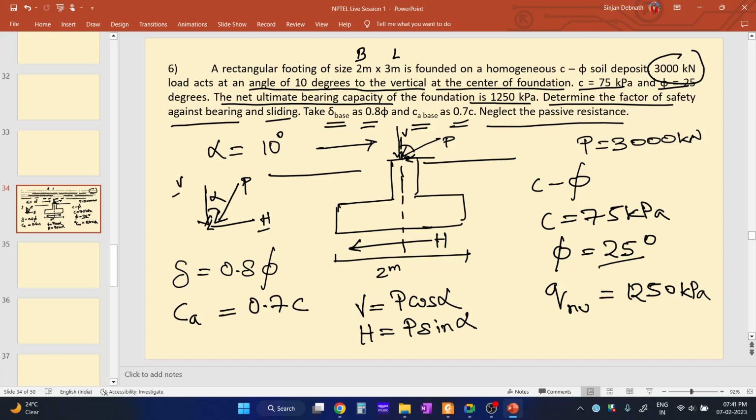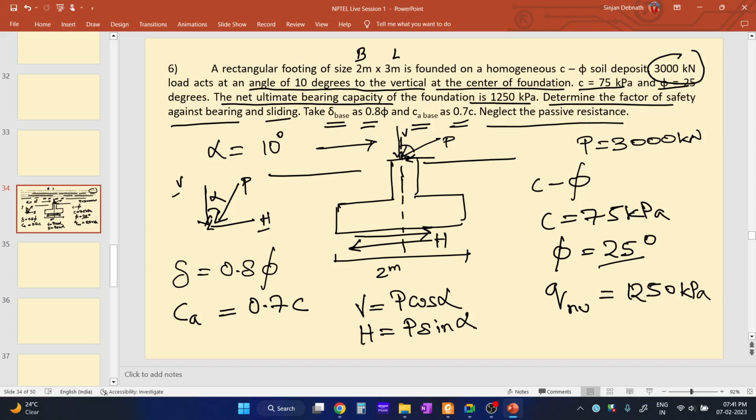But the soil beneath the ground will also provide shearing resistance in this direction. So we need to find out the factor of safety against sliding in this case.